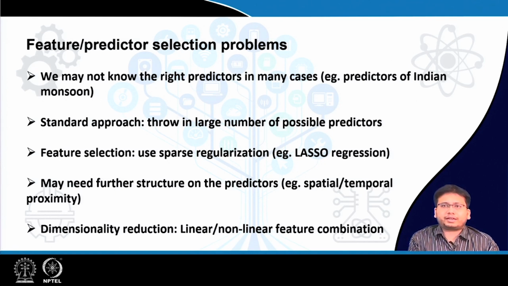Of course, there are teleconnections, as we had mentioned. For example, some quantities in the Pacific Ocean or Atlantic Ocean are also important for predicting the Indian monsoon, but the teleconnections do not happen magically.